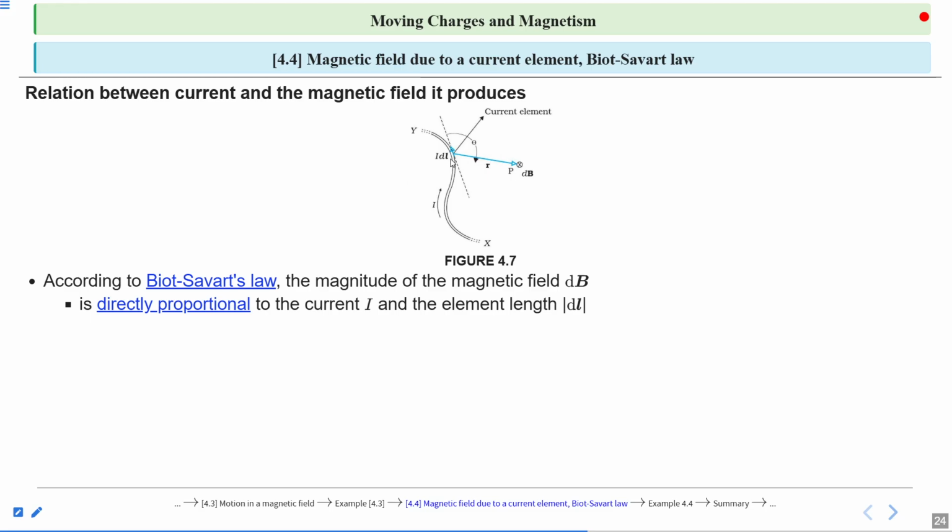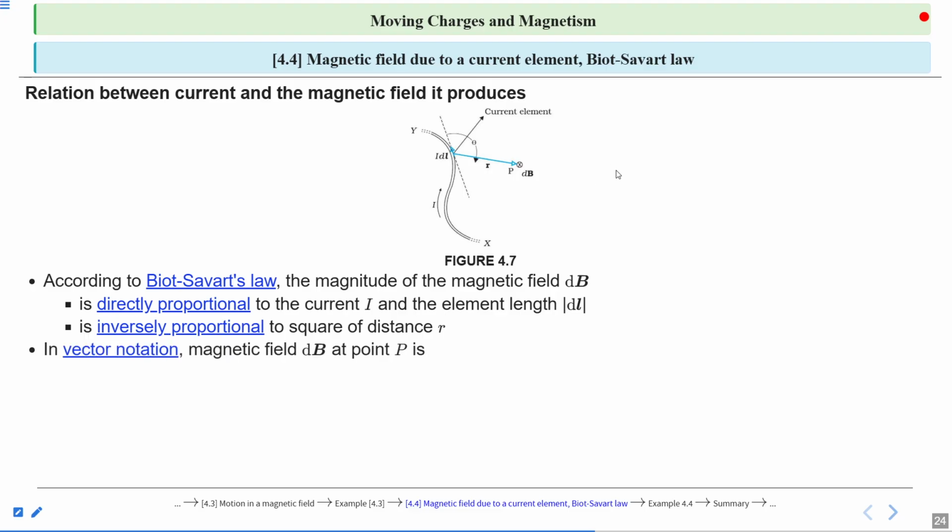If we take a very small dl, the magnetic field will be very small. And dB is inversely proportional to the square of distance r, the distance from this dl to this point P.